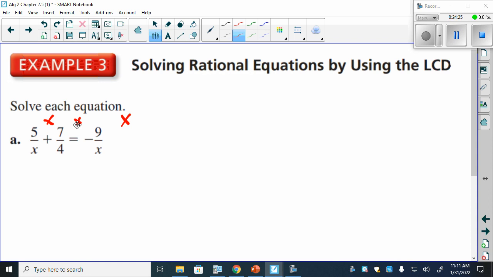So we're multiplying the entire equation through by x. Do we need anything else? The 4, because the 4 is also in the denominator, yes? So we'll also need to multiply everything by 4. So we need to multiply each of these terms by 4x.